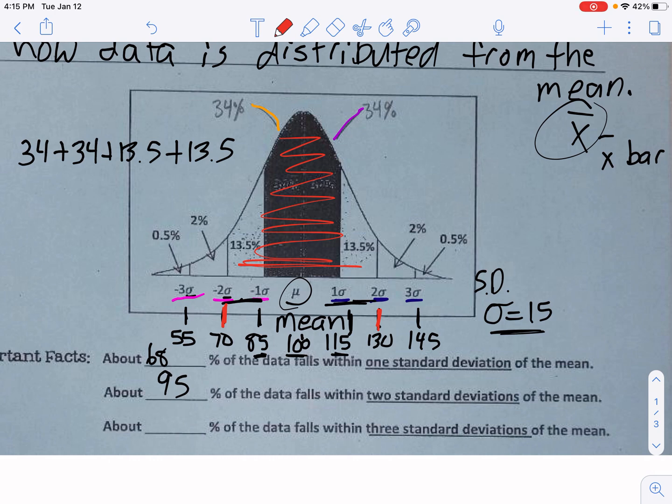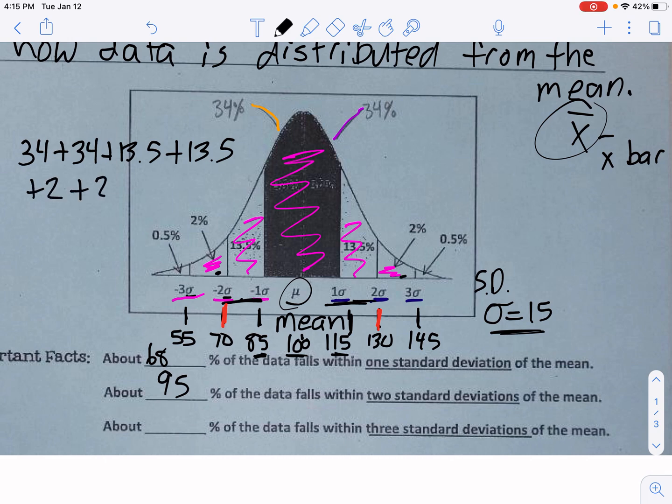Now, if we go 3 standard deviations away, then that would include all of this, 2 standard deviations away, and 3 standard deviations away. Then we're going to add in 2% and 2%.